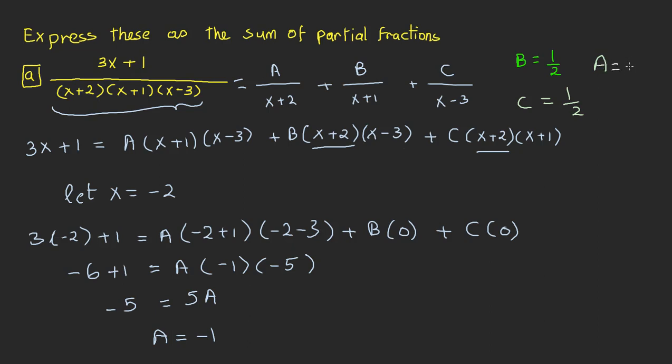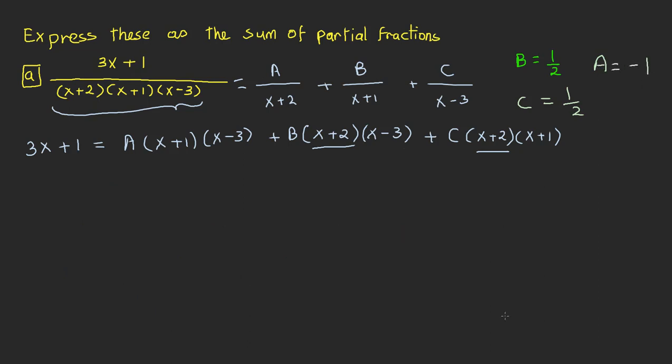So now we have the last value, a equals minus 1. Since we have all the constants, we can write down the partial fractions for the expression again.